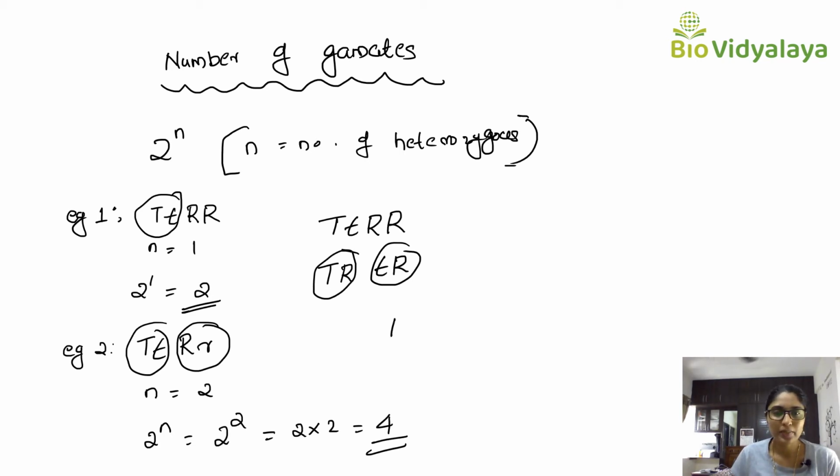Let's see that. Capital T, small t, capital R, small r. So capital T, capital R, capital T, small r, then small t, capital R, and small t, small r. So these are the 4 gametes. Okay. I think this is clear for you.